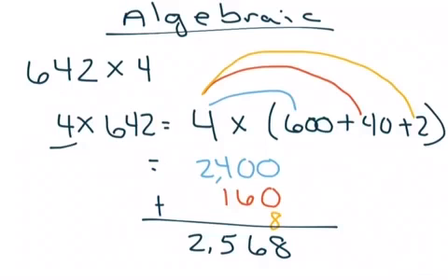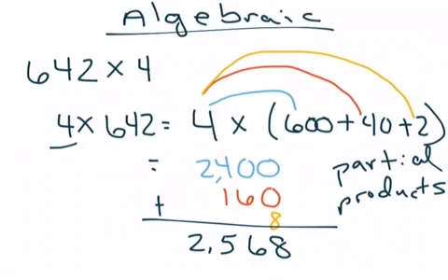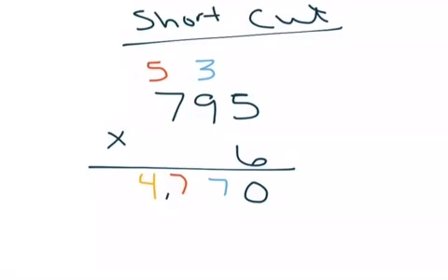Once again, these are the partial products, and this method easily shows you how you can find them. You want to add these partial products up once again. So 2,400 plus 160 plus 8 is altogether 2,568.